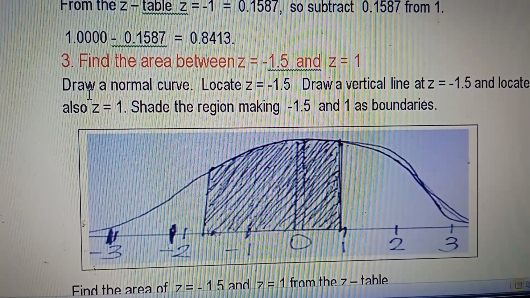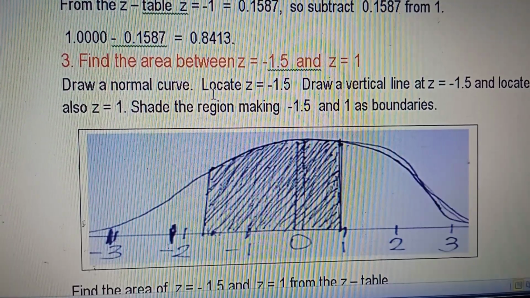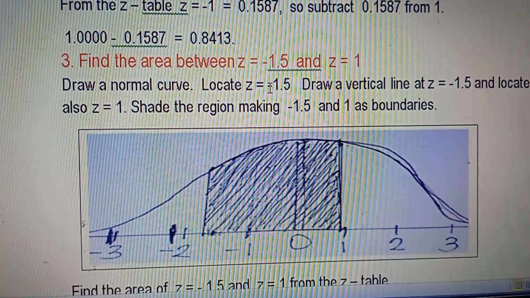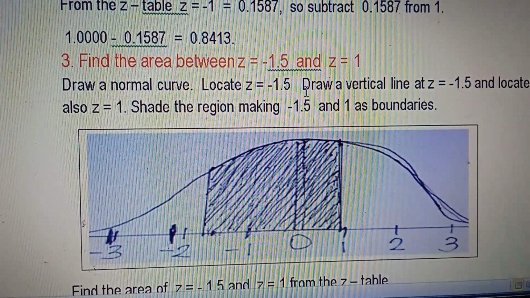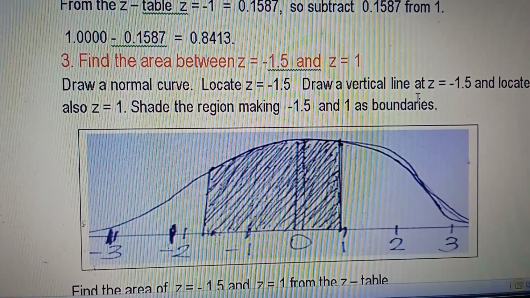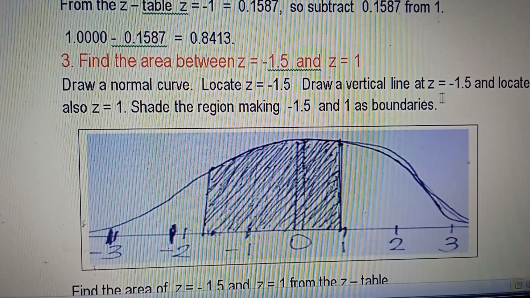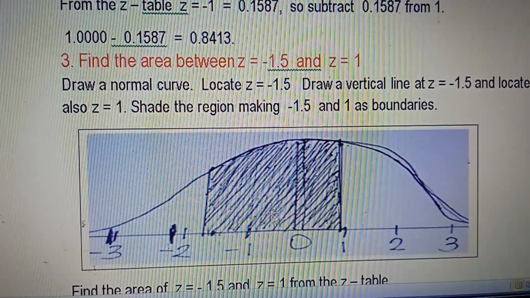So, we're going to draw a normal curve. Locate z equals negative 1.5 and draw a vertical line at z equals negative 1.5.